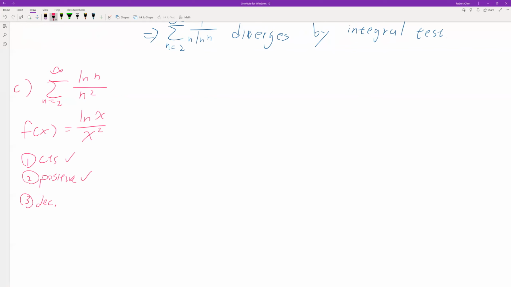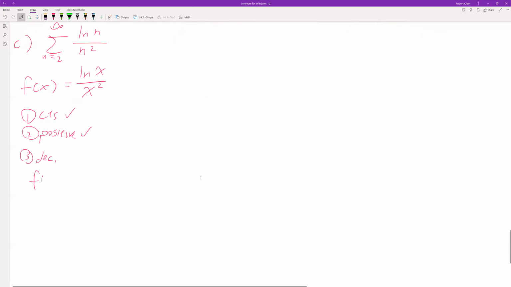Decreasing, so we know that x squared actually grows much faster than ln x, so it's going to be decreasing. But we can always check using f prime. In fact, when I was doing this, I would always check if it's decreasing by looking for f prime, and it's not too bad. Let's just find it.